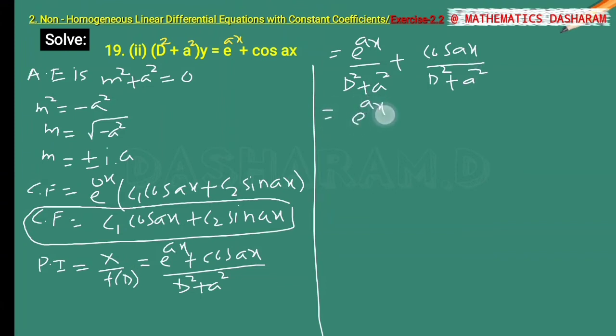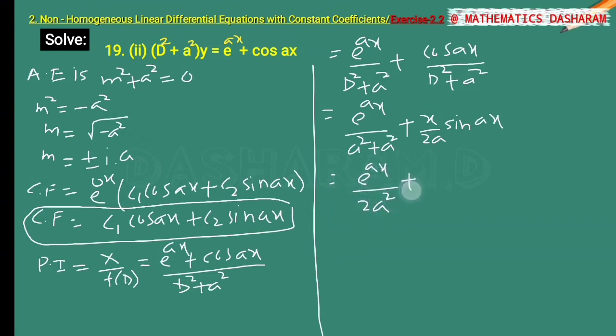So here substitute the d value as a, then a square plus a square, and for the second, the formula is x by 2a into sin ax. So e to the power of ax by 2a square plus x by 2a into sin ax. This is the particular integral.